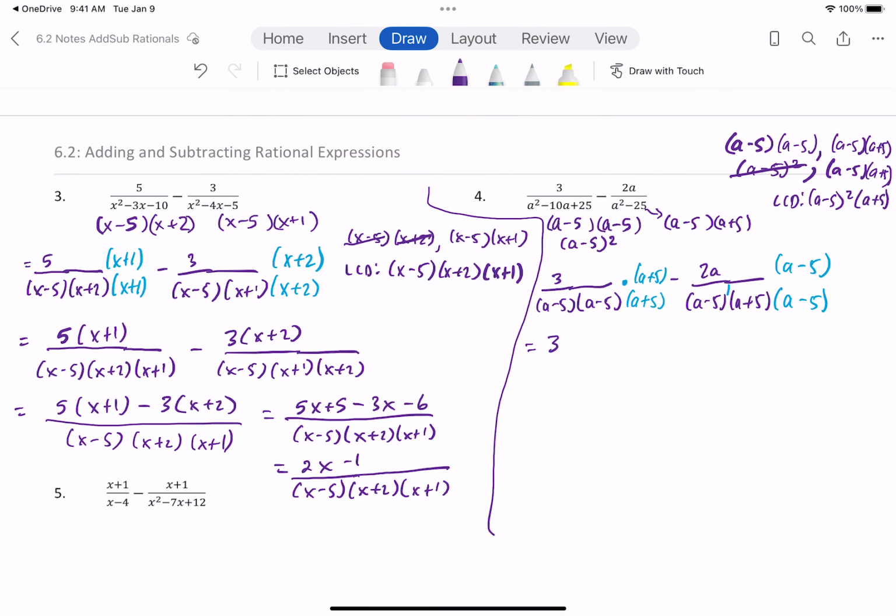Alright, so we're going to get 3 times a plus 5 over a minus 5, a minus 5, a plus 5, minus 2a times a minus 5 over that same denominator.